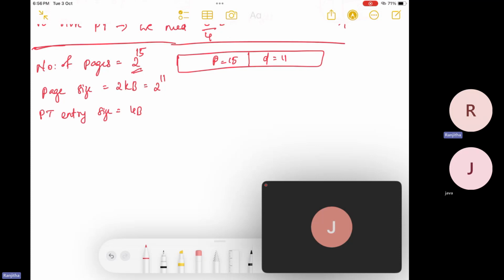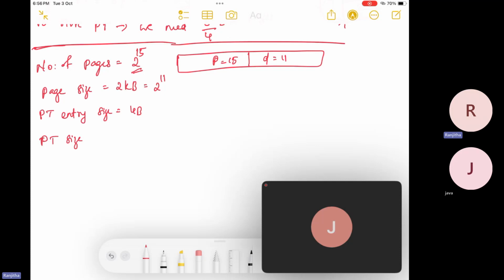That many entries into the size of each entry gives the page table size. We will first see the page table size, then how much larger it is than the page size, so how many pages we need to accommodate the page table. Then we will identify how many bits we need for the inner page table and how many for the outer page table.